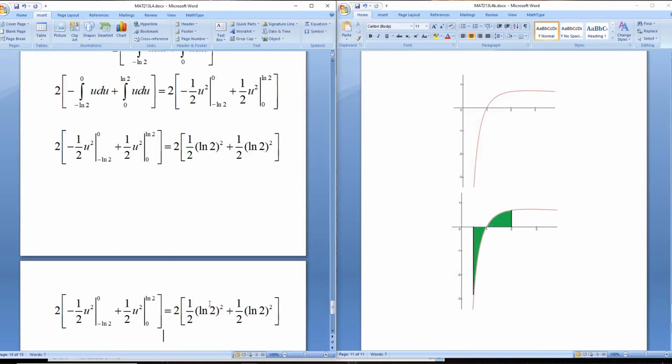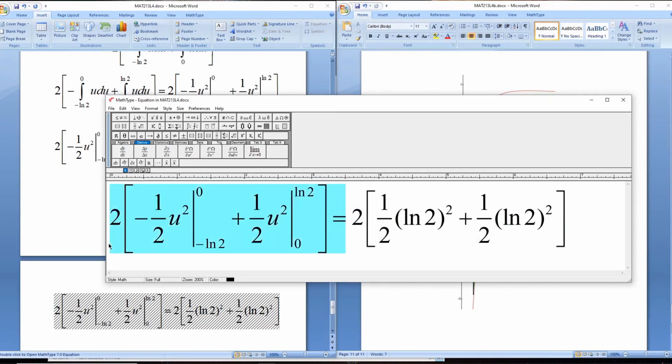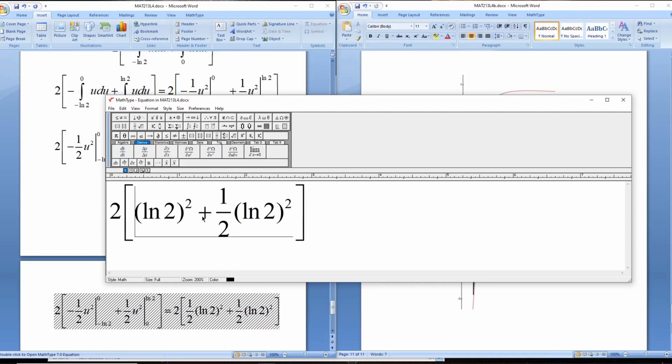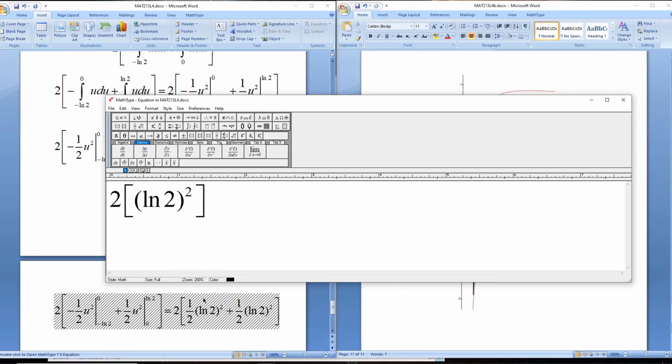We'll clean it up a little bit. And these are like terms. So a half log 2 squared plus a half log 2 squared. Half plus a half means 1. And then there is our final answer. 2 times log 2 squared.